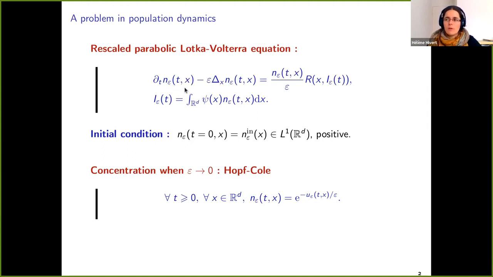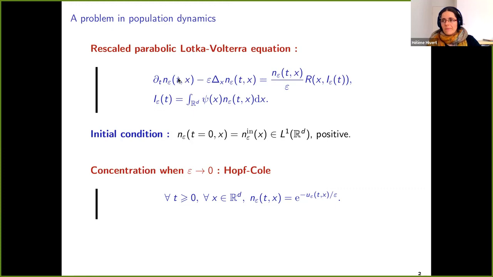It may be a sum of Dirac masses. And this means that in long time, the population concentrates around some traits that are supposed to be the best adapted traits for the population.